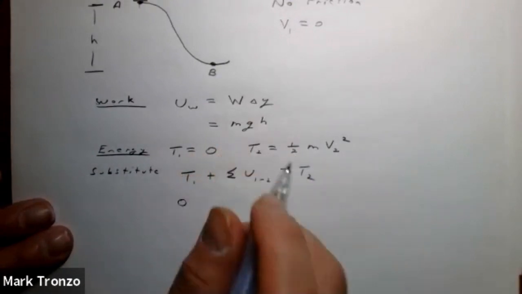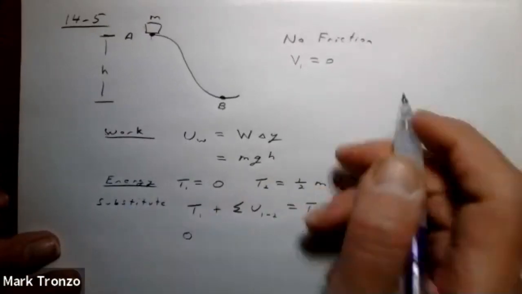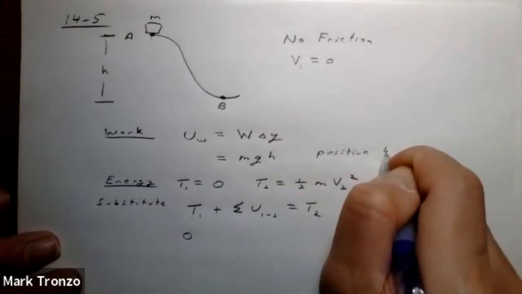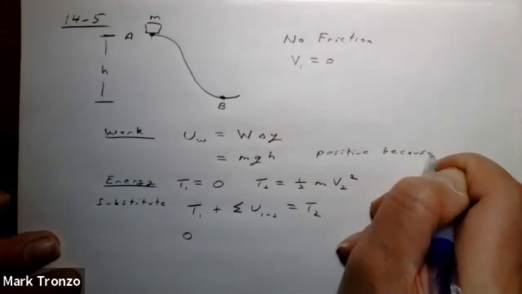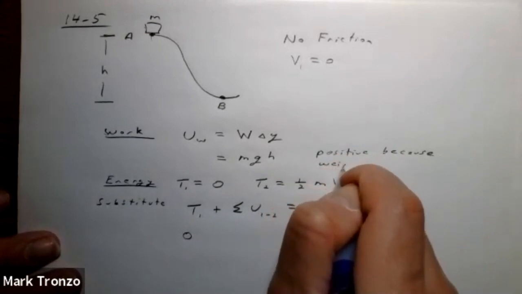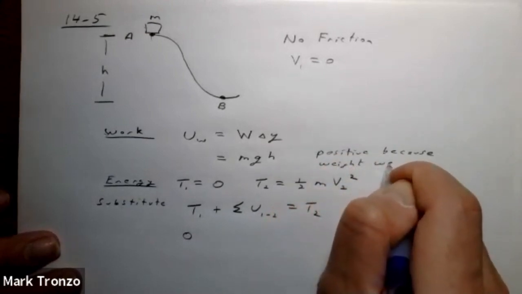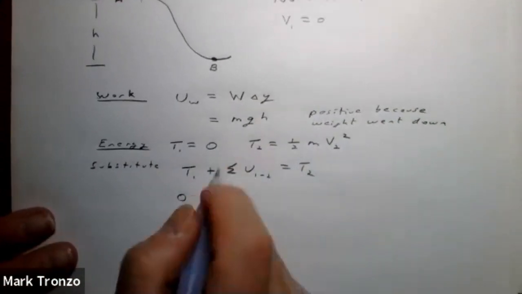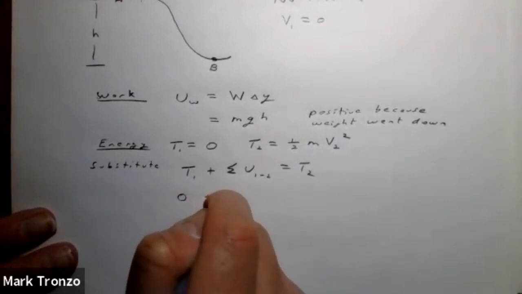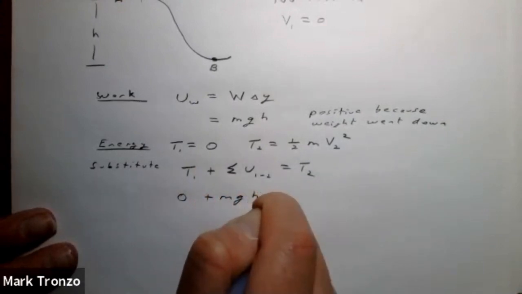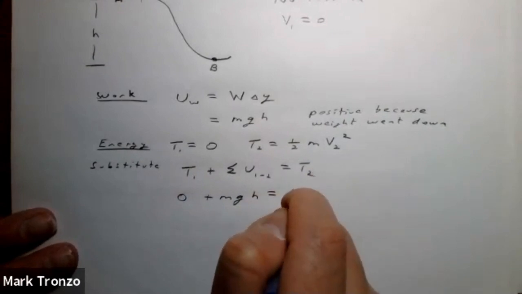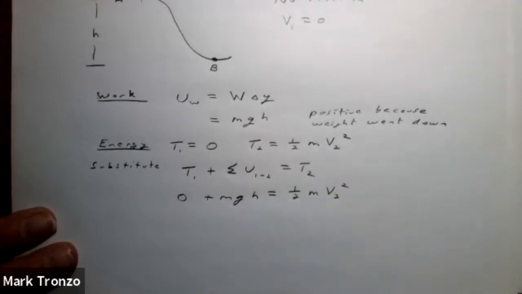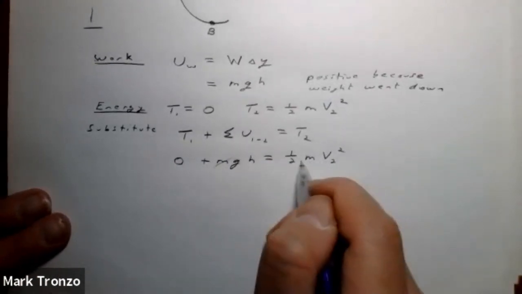And again, the only work done, remember it's going down, so it's going to be positive, because the weight went down vertically. And so that's going to be plus mgh equals 1/2 m v2 squared. And you can see we can cancel the m's.